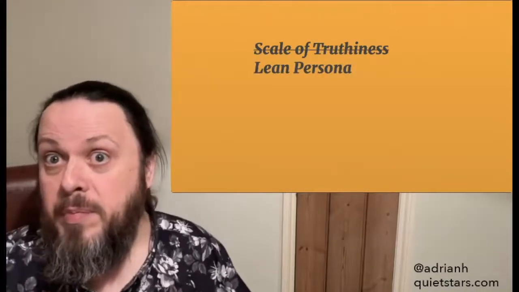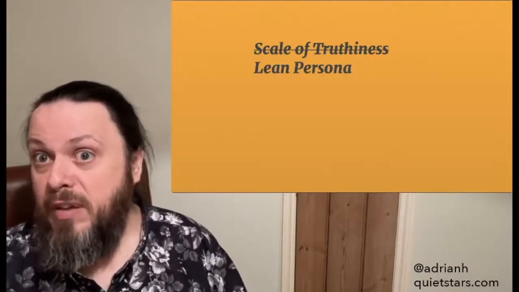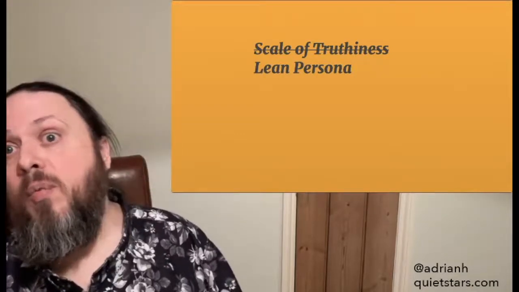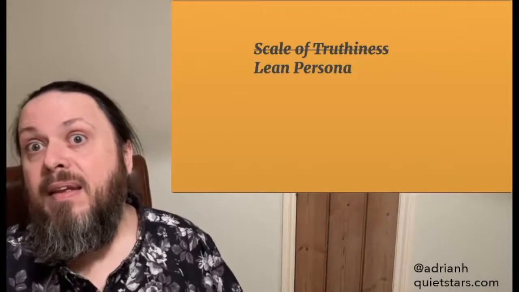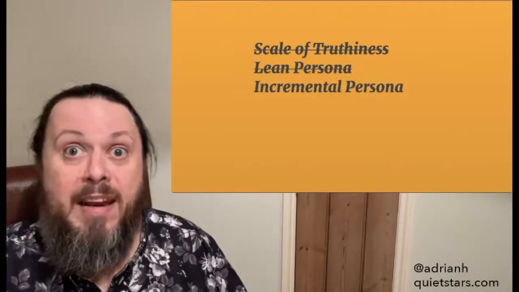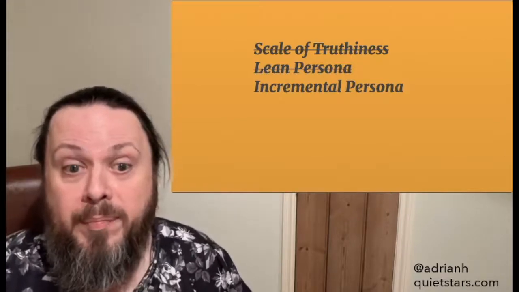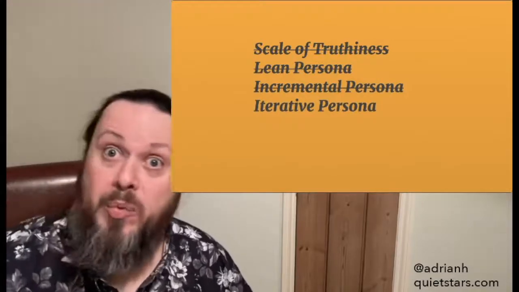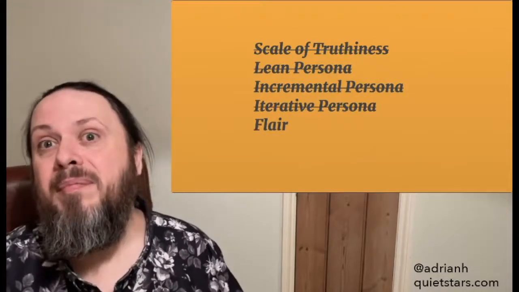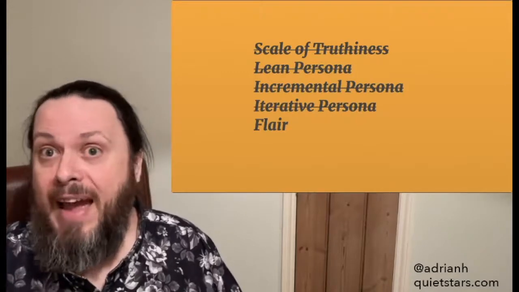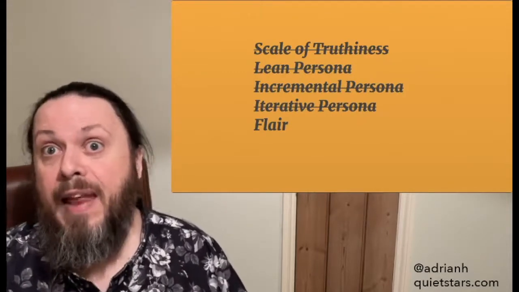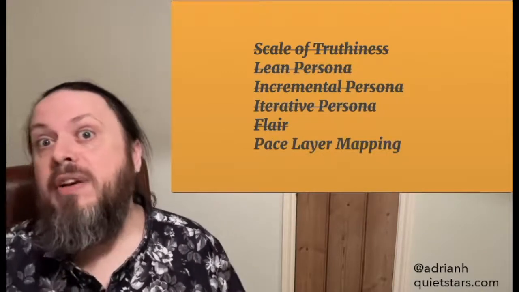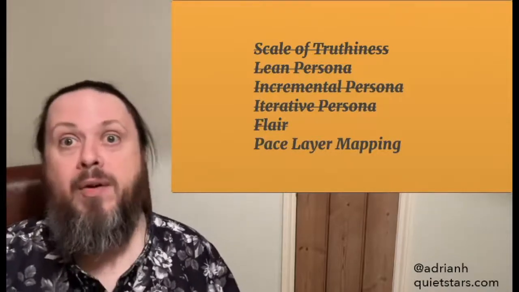After that alignment problem was solved, the practice evolved into something called lean persona, when it was more of a persistent artifact rather than a one-off activity, which then evolved into something we called incremental persona, which then evolved into something we called iterative persona, which then evolved to add another structure we called flair, which then eventually broadened out and changed a little bit more to what we're now calling pace layer mapping.